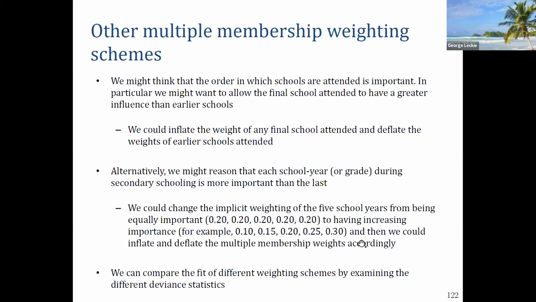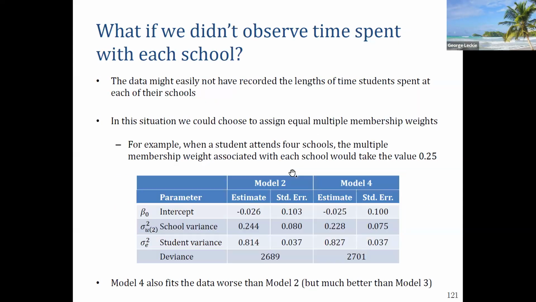Then you might do things like distorting time. You might go, well, okay, rather than giving equal weight, why don't I upweight schools attended more recently, downweight schools attended further behind? You could do that. I haven't illustrated that here, but that's something you could do. All those models will fit the data worse than model 2 because model 2 replicates the data generating mechanism.